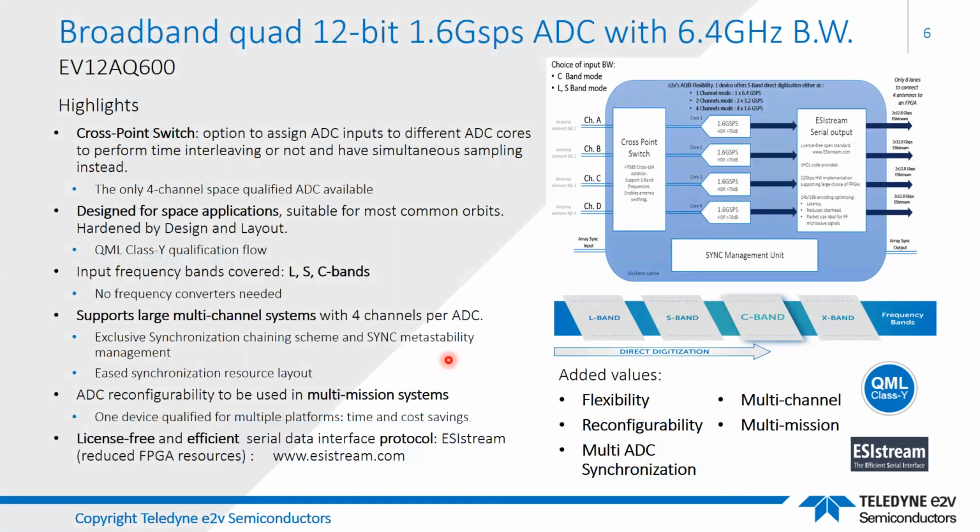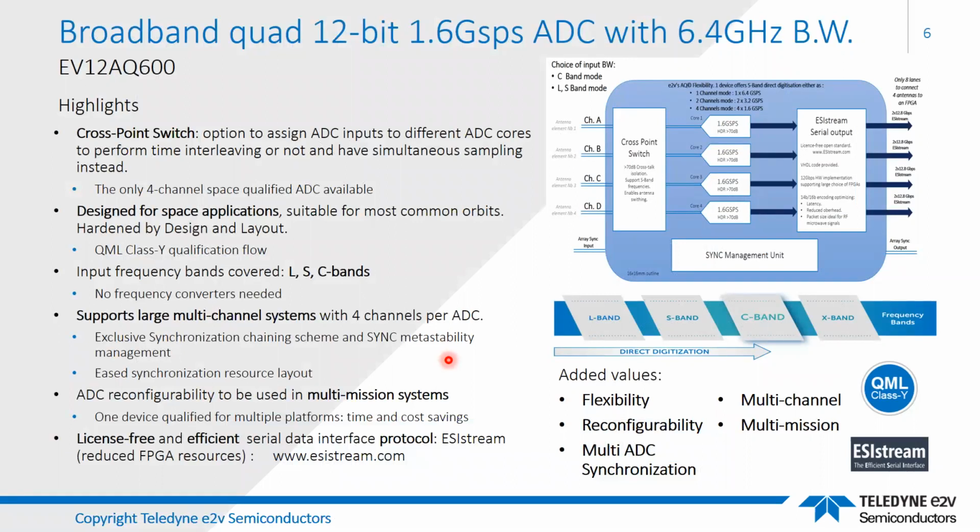So this brings me to our ADC. It's a broadband quad 12-bit 1.6 gigasample per second ADC. It's got a very wide analog input bandwidth, 6.4 gigahertz, and it's also able to be interleaved.